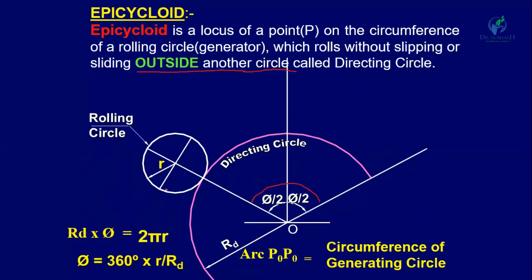Small r is the radius of the rolling circle, and capital RD is the radius of the directing circle. By this way, you can find this angle phi. After one complete revolution, the angular displacement of this circle is phi. P0 is the initial point here.